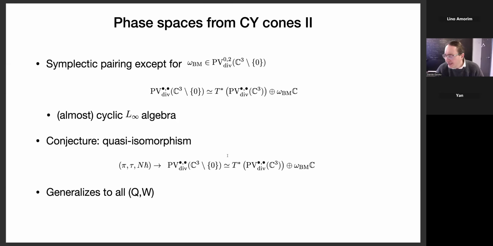And I understand there is a way to define the cone minus the origin even for non-commutative cones by looking at the category of coherent sheaves and removing one object or something like that. Yes, I think it's a purely formal thing which you can do on the A side and on the B side.